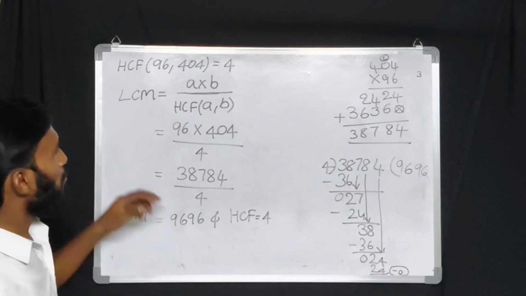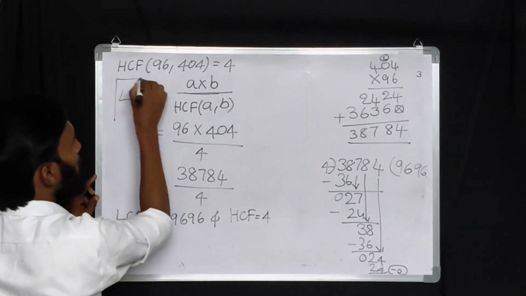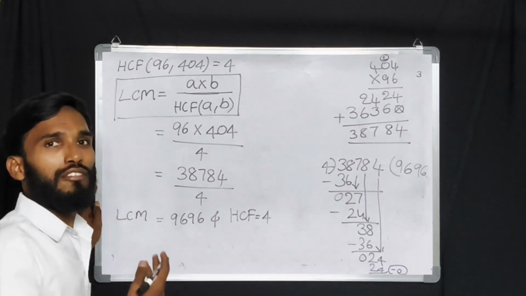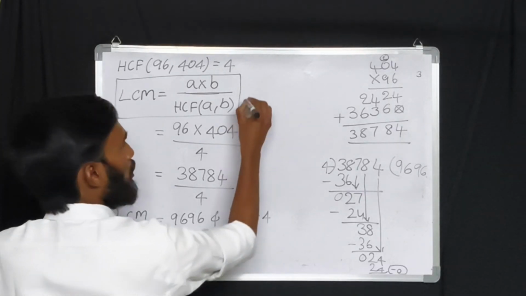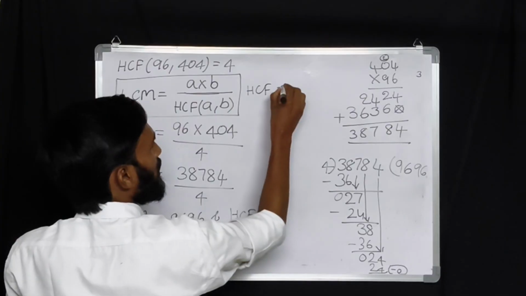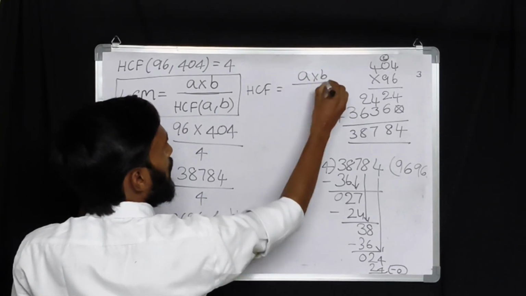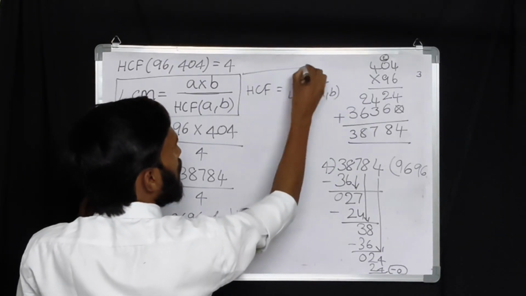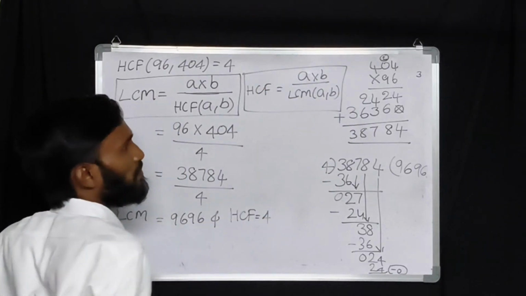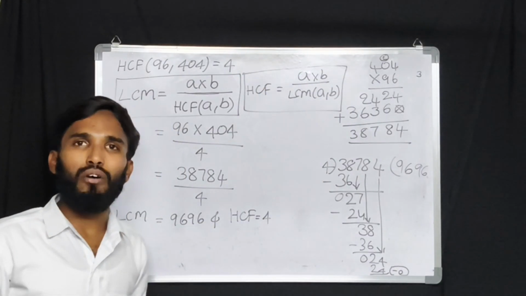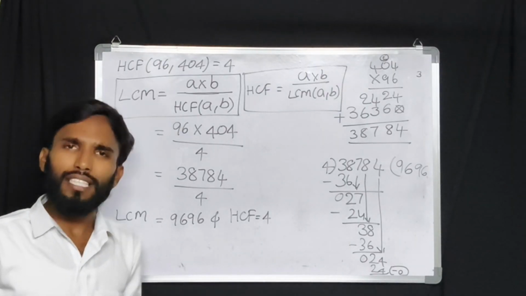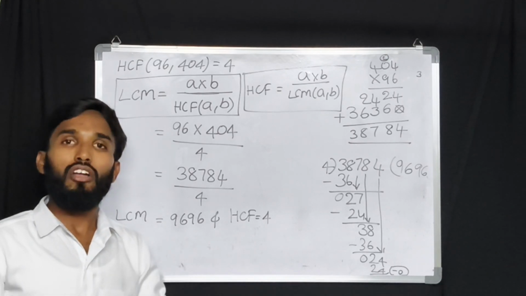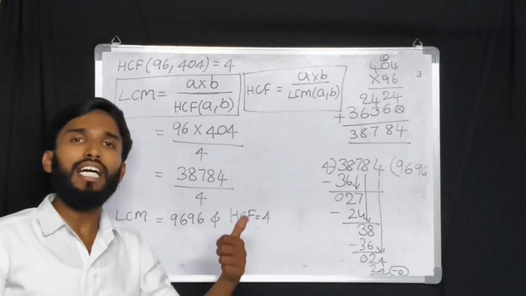To find out LCM, the formula is LCM is equal to A into B divided by HCF of A comma B. To find out the HCF, easy, just change it: A into B by LCM of A comma B. This is the formula. Over. This is how you have to find the LCM or the HCF by using the given HCF, or after finding the HCF or the LCM of such numbers.